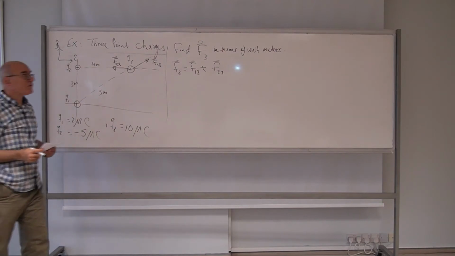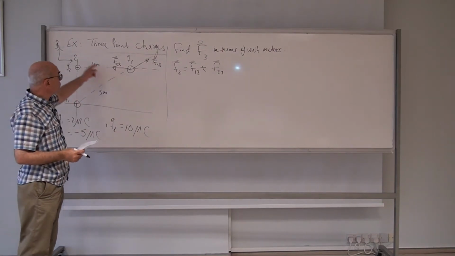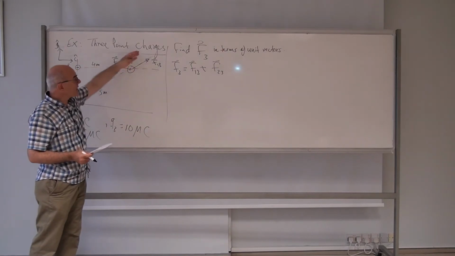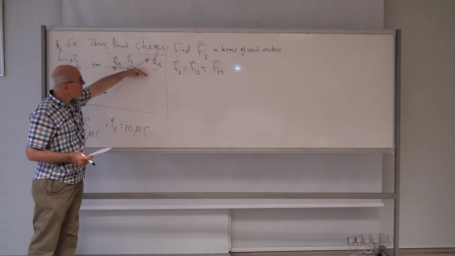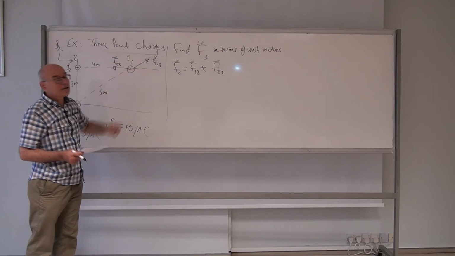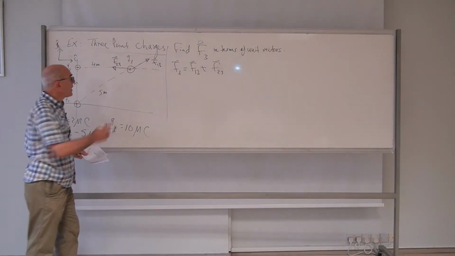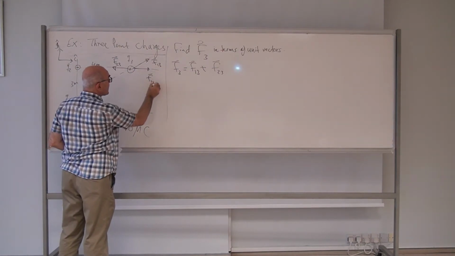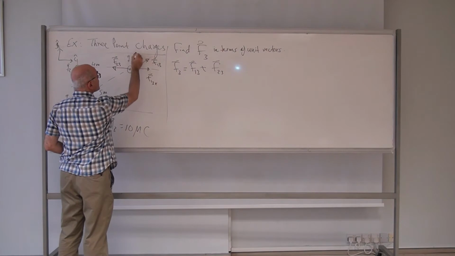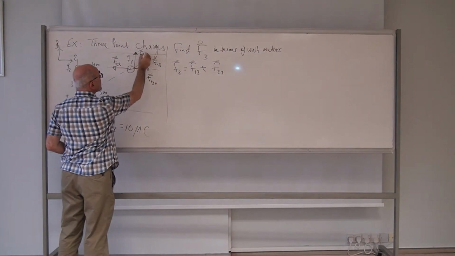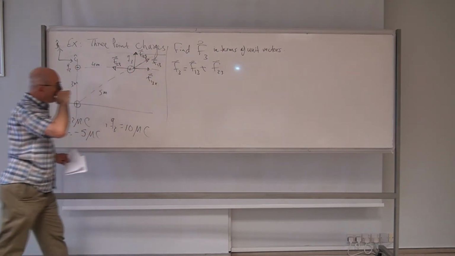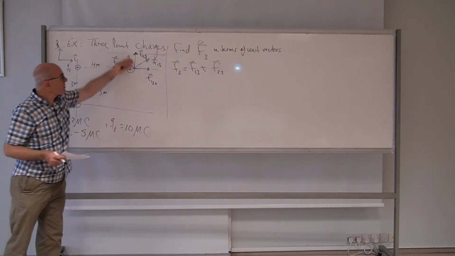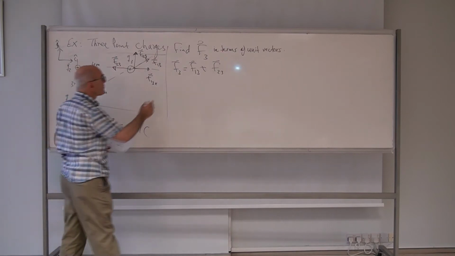These are the unit vectors. F13 has an x component, which is along i hat, and a y component, which is along j hat. So this is F13x, this is a vector, and this is F13y. So let me first find the vector F23, then find these vectors, and then add them up.